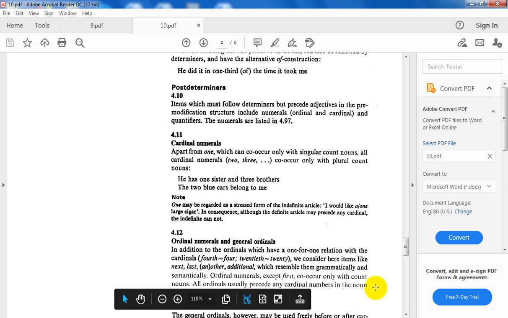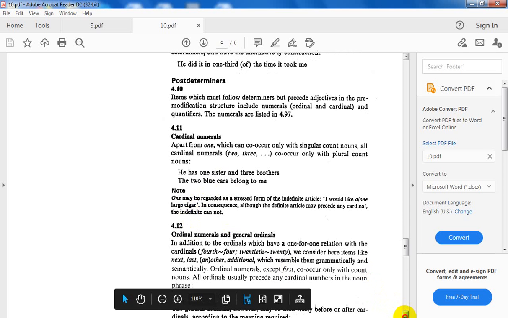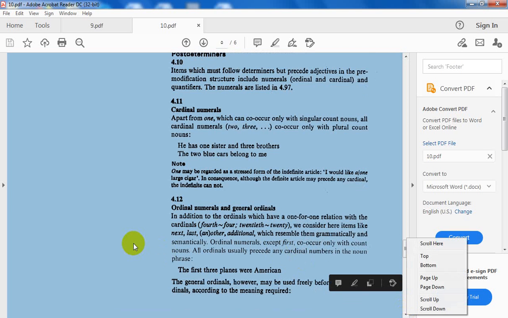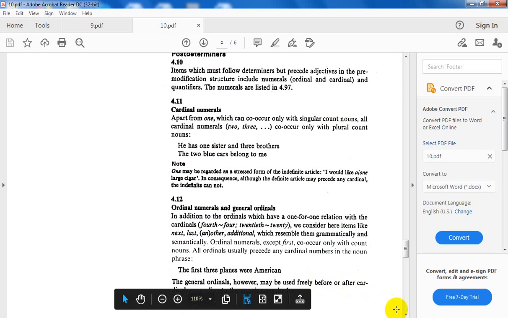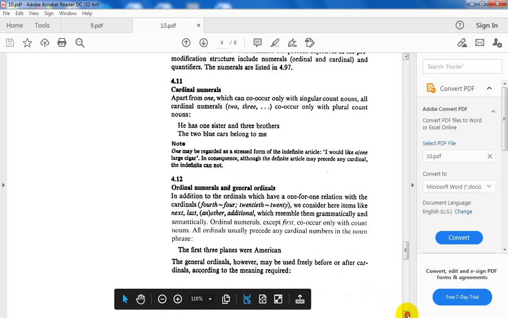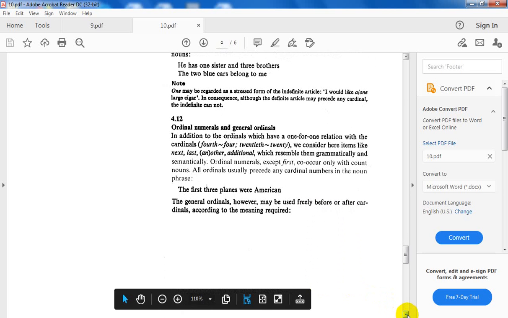What about the ordinal numbers? I have general ordinals.